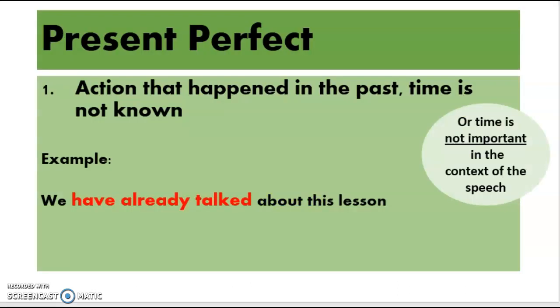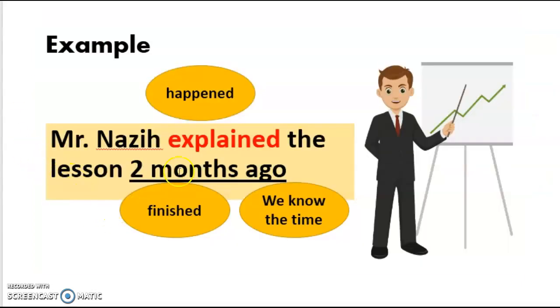In contrast, the present perfect has different cases. Although it's an action that happened in the past, there is a difference. The first case of using the present perfect is that it's an action that happened in the past, but the time is not known. Remember, in the simple past, we know the time.